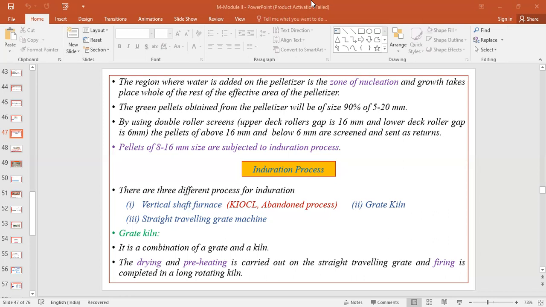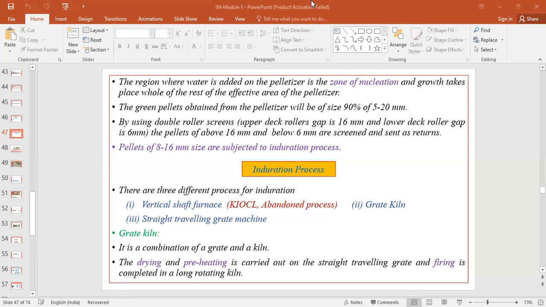This was present in KIOC, that is Kudremukh Iron Ore Company Limited, which is located in Mangalore, Karnataka. But slowly this process was abandoned because of the low strength of green pellets in the vertical shaft furnace. But currently we are using the Grate-kiln as well as the Straight-grate machine.